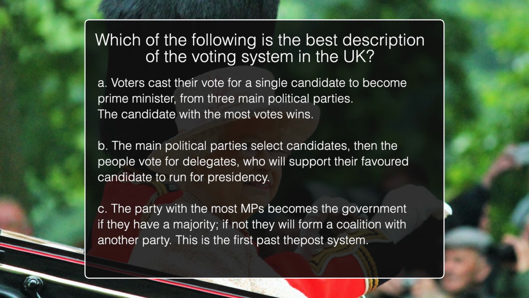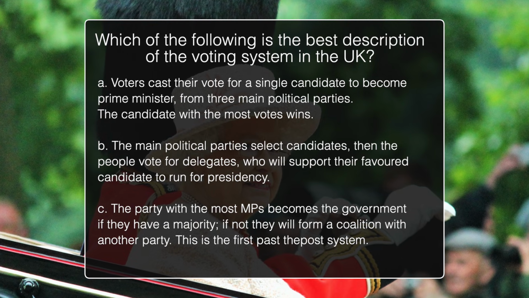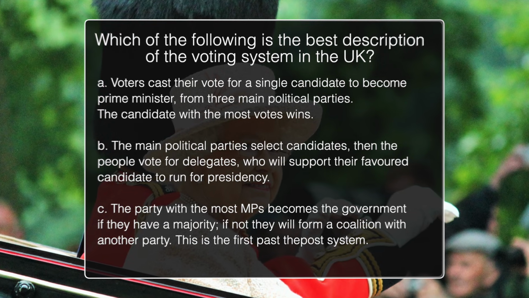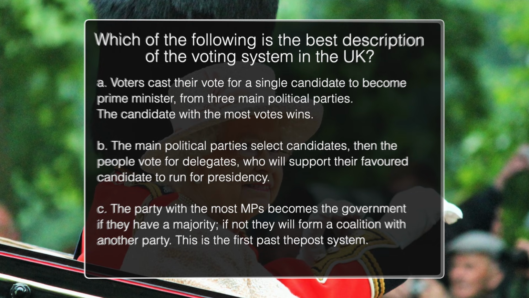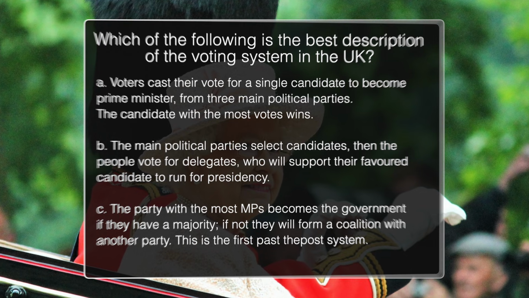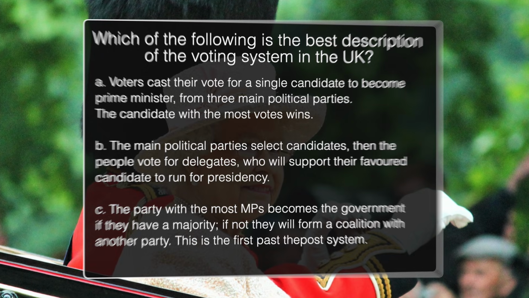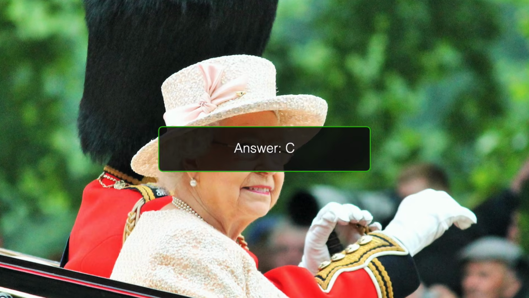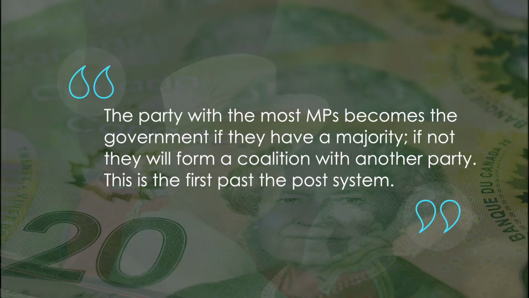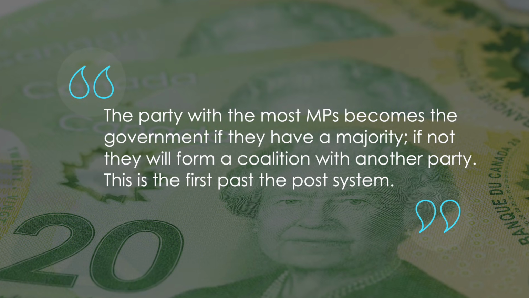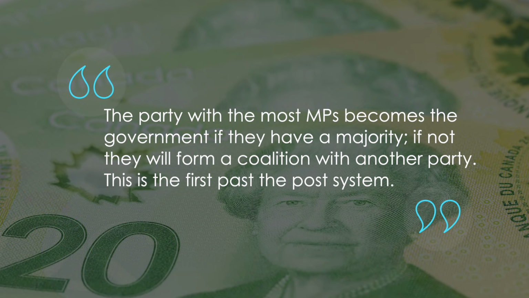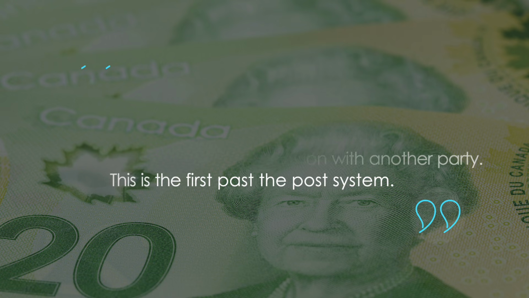Or C. The party with the most MPs becomes the government if they have a majority. If not, they will form a coalition with another party. This is the first past the post system. The answer is C. The party with the most MPs becomes the government if they have a majority. If not, they will form a coalition with another party. This is the first past the post system.